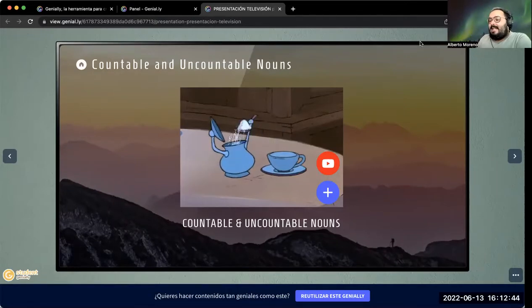Chicos, es importante que recuerden algo súper básico. Si no lo puedo contar con los dedos, si no puedo decir 1, 2, 3, 4, 5, no es contable. Eso quiere decir que es un sustantivo no contable. Y para ello necesitamos kilos, centímetros, gramos, cubos, etc. ¿Ok?